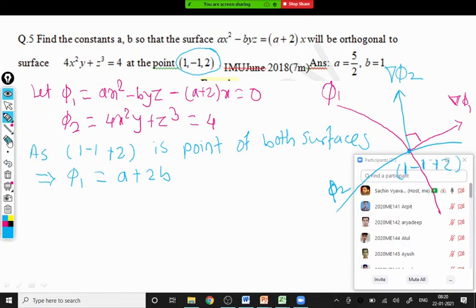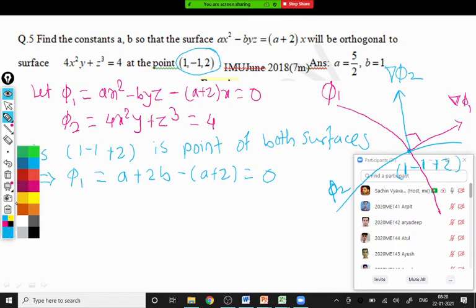Because of that, let us see what happens here. We are replacing x by 1, so that is a. Y is minus 1, so it is plus 2b, not any problem. But here minus of a plus 2 is a 0.